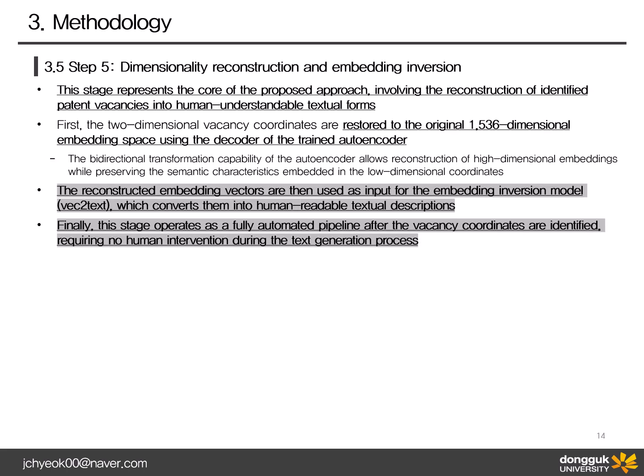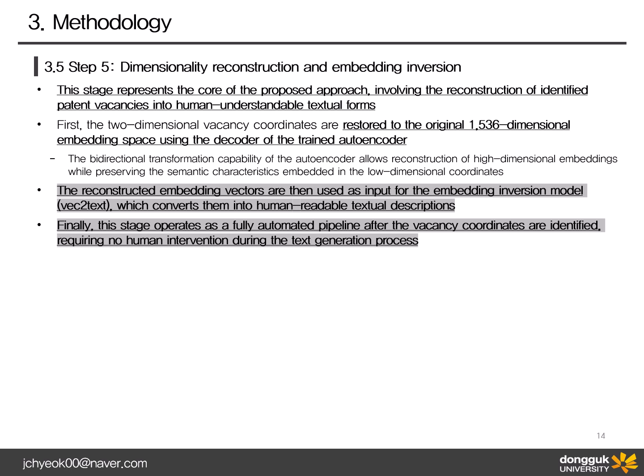The final step involves reconstructing the identified patent vacancies into human-understandable textual forms. First, the two-dimensional vacancy coordinates are restored to the original 1536-dimensional embedding space using the decoder of the trained autoencoder.